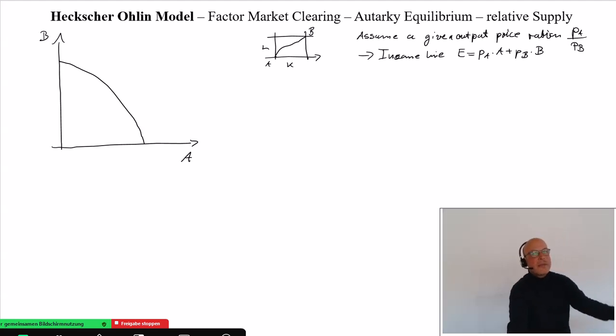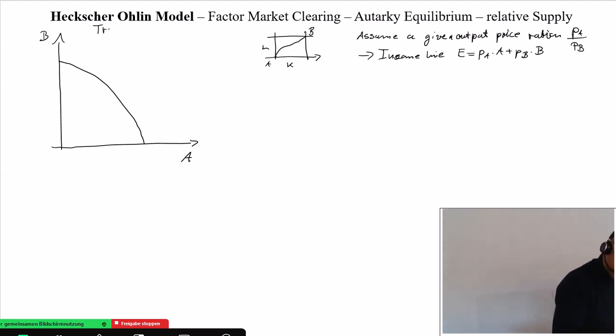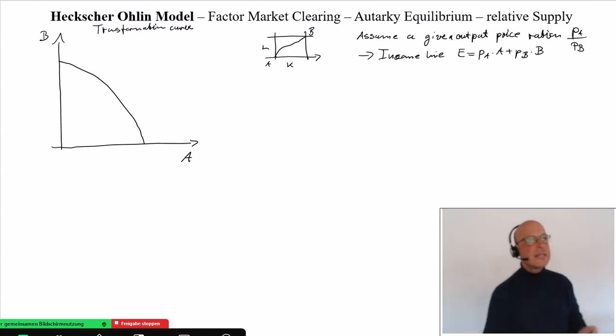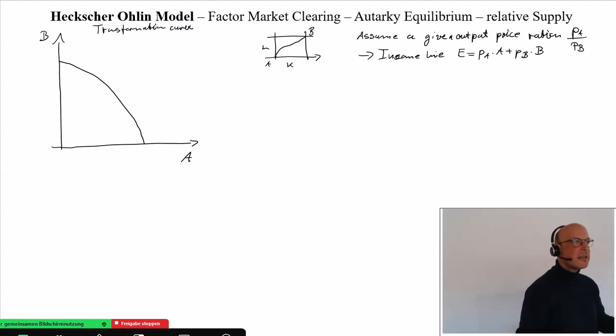And then remember in the end of the argumentation in the specific factors model, we just said our transformation curve represents our production possibility. Given our production possibility, we want to maximize our income.